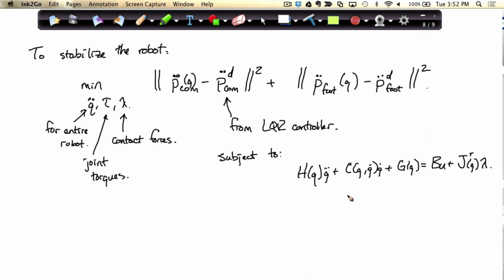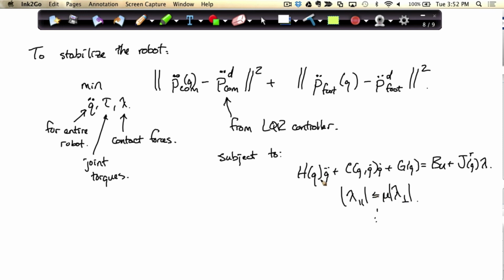Okay, I've got contact force constraints. This is the answer to your question, is how do I take all those different constraints into account? I don't at the planning phase, but at the execution phase, I try to execute my feedback plan as well as possible, given all the instantaneous constraints on the robot.